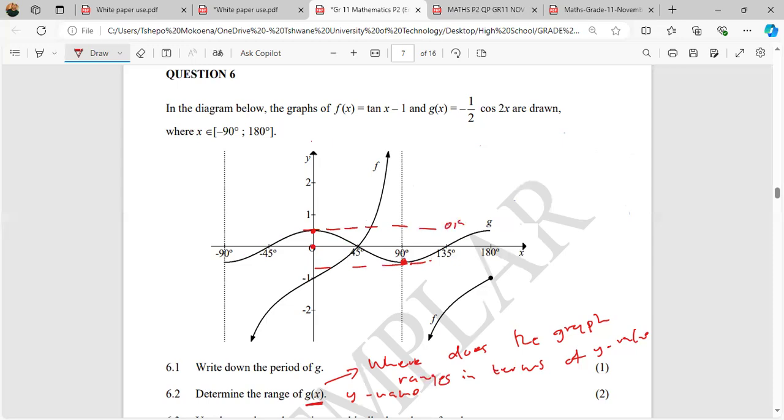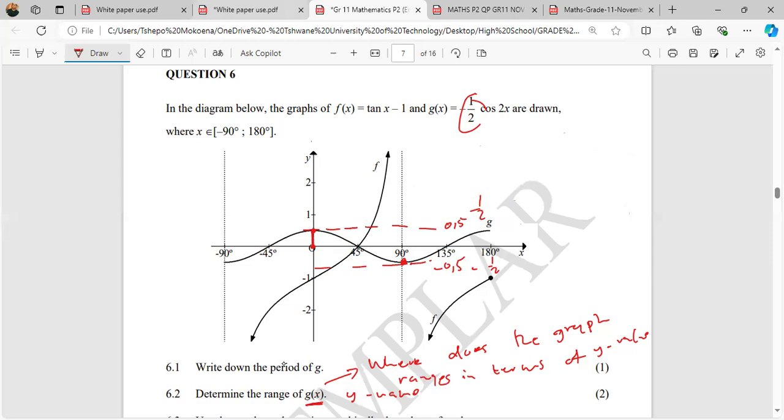Here we have 0.5, and then there we have negative 0.5. Or you can say you have 1/2, or you have negative 1/2, which is also defined by our amplitude, from there to there. It's our amplitude, 0.5. Can you see that?